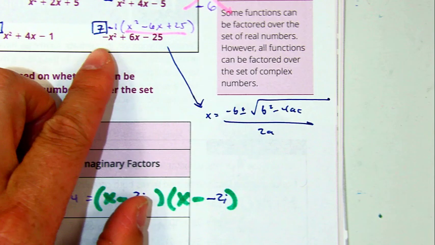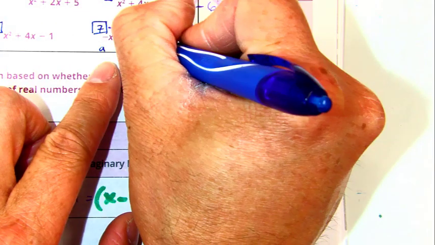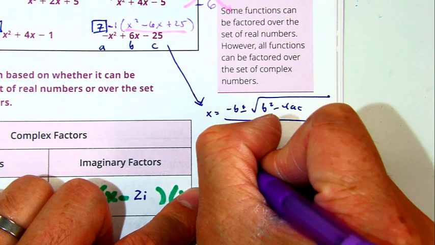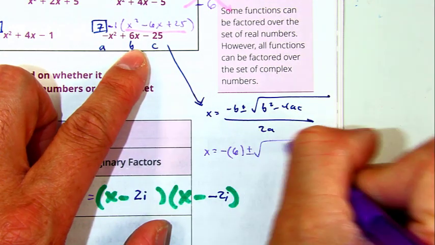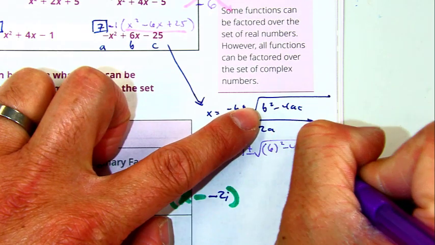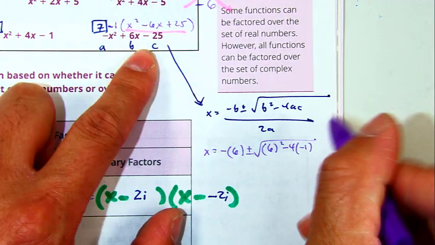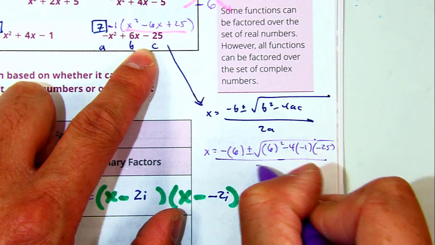Now, if I'm using the quadratic formula, I'm going to use a equals negative 1, b equals 6, and c equals negative 25. Let's do the substitutions. My b value is 6, my b value is 6 squared. My a value is negative 1, and my c value is negative 25, all over 2 times negative 1.